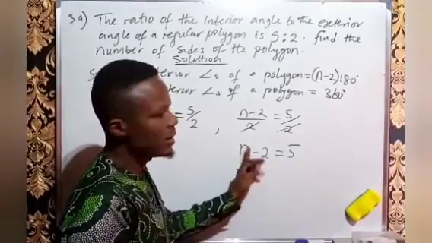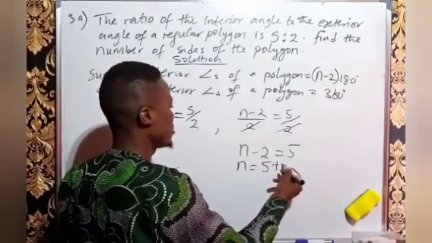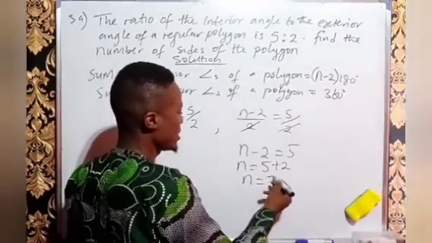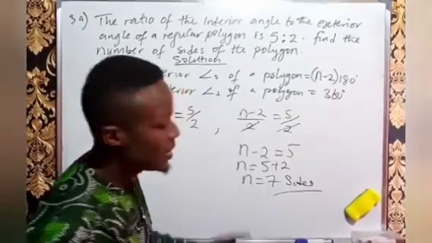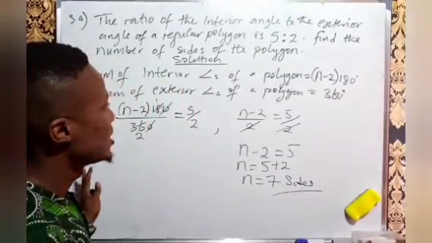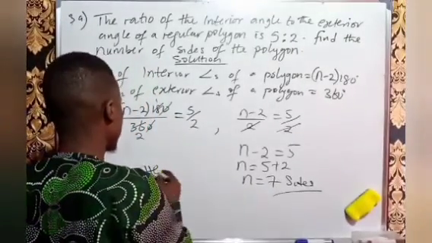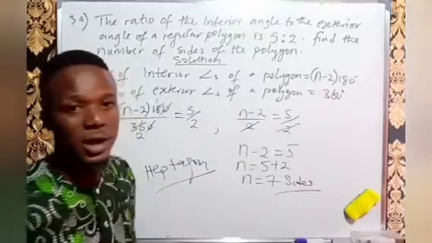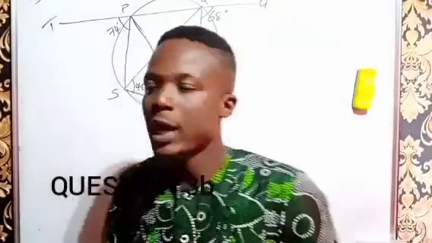Solving for n, minus 2 we cross over, changes to plus, so we have 5 plus 2, and adding 5 and 2, we get 7 sides. So the polygon in question has 7 sides. And when a polygon has 7 sides, it's called a heptagon. So you should know that the polygon is a regular heptagon.